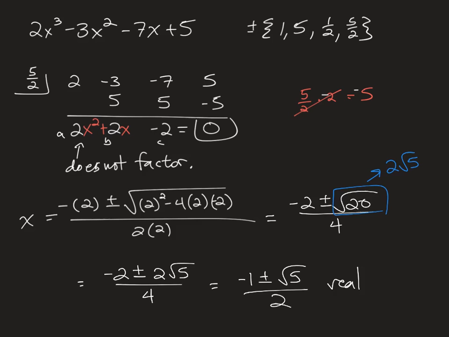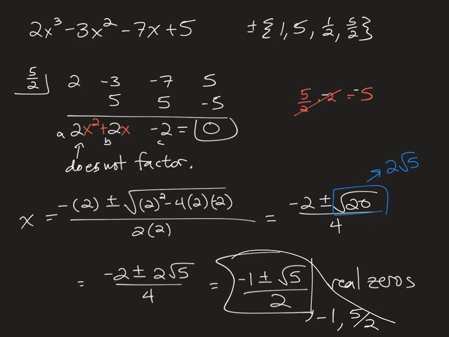These are real zeros. So those are included in the answers that we got from the last page, which was negative 1, and this 0 right here, 5 over 2. So all of these are the real zeros.